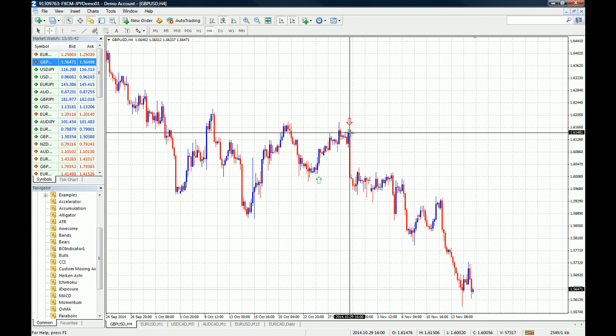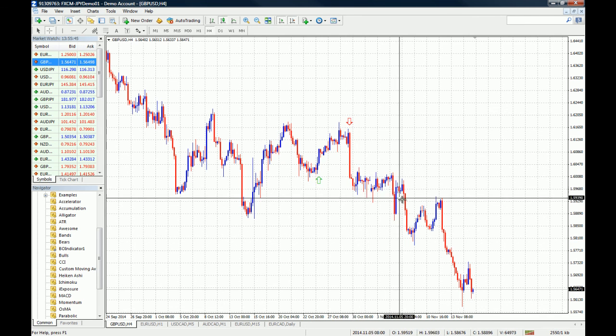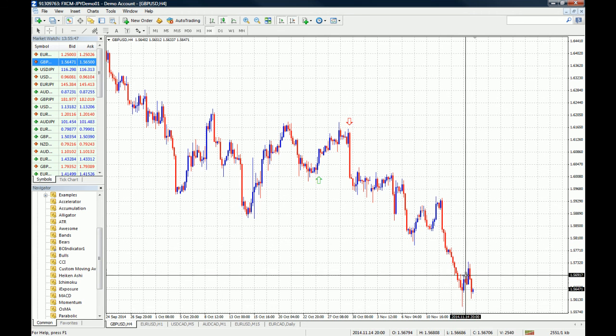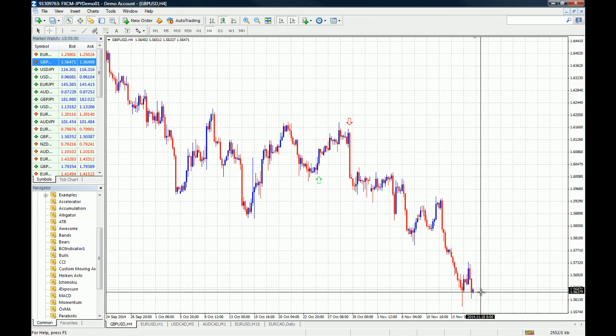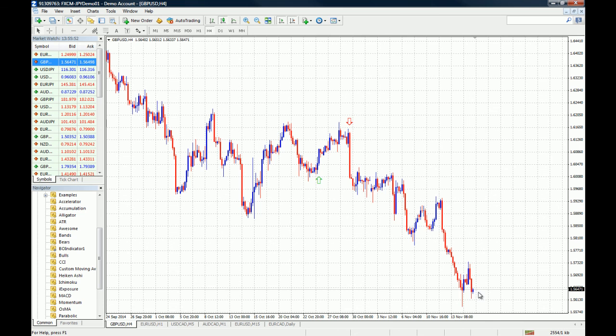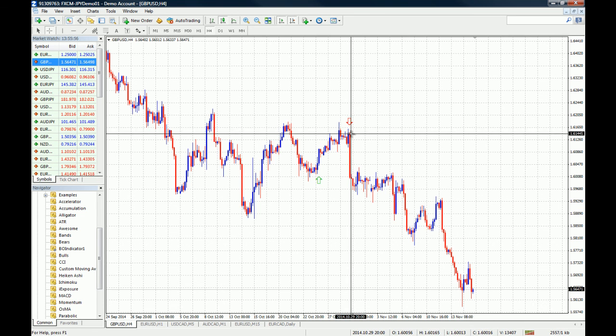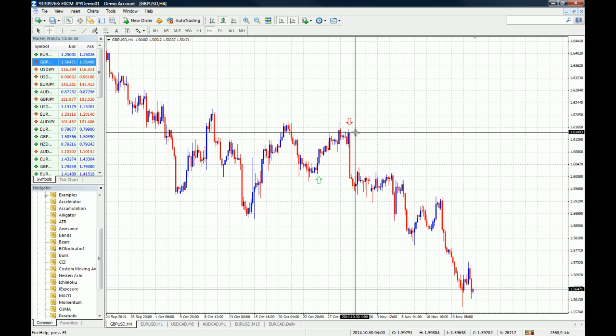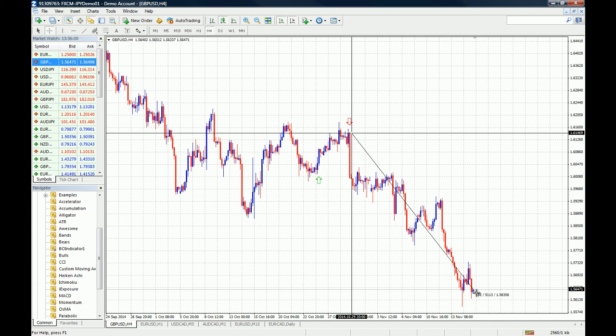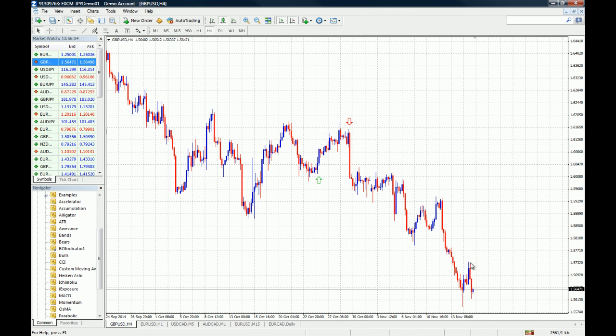And you can see that actually this trade is an excellent winner because price moved all the way down here, and from the entry level to the actual price, we have a 500 pips drop. So you can see that this indicator is very accurate when it comes to picking turning points in the market.